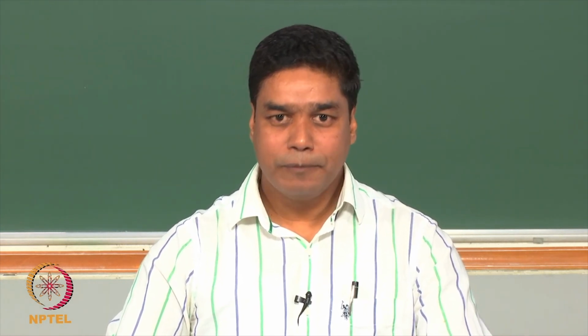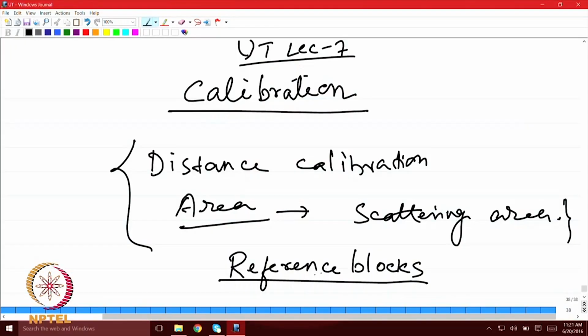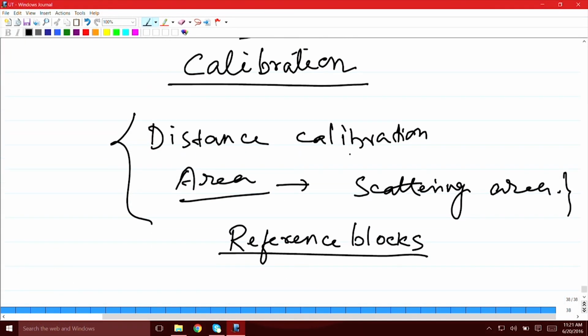So, in this case also we need to follow certain specifications, and as per those specifications these blocks are made, and we can use these blocks to calibrate the instrument. So, today in this class let us see what these blocks are, how they are made, and how they are used to do these two kinds of calibrations.